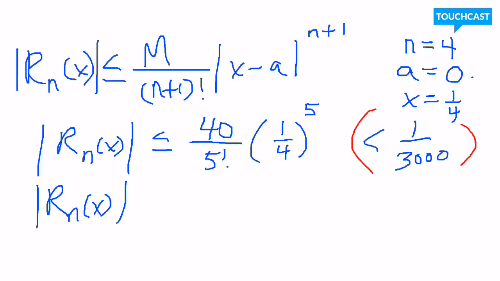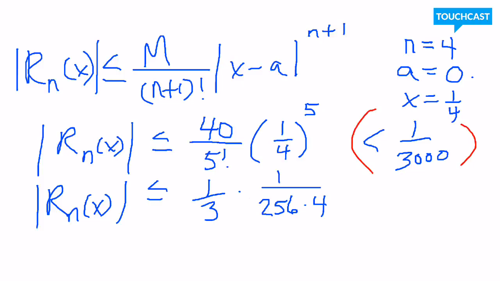All right, let's go back to blue. That's less than or equal to 5 factorial, which is 120, so this is 1/3 times 1/4 to the 5th. 1/4 to the 4th is 256, times 4.